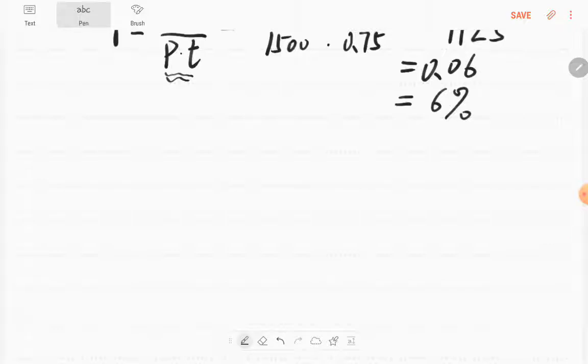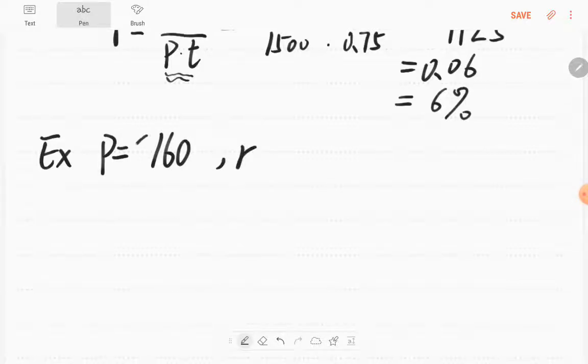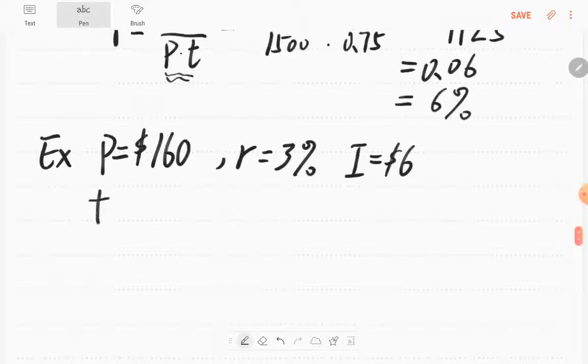Now let's look at the next one. If P is given by $160, R is 3%, and I is $6, what is T?